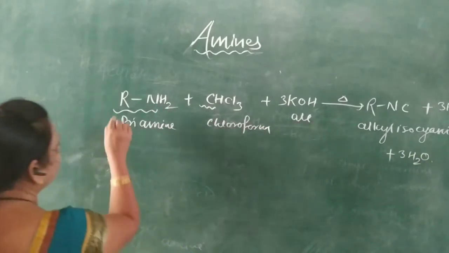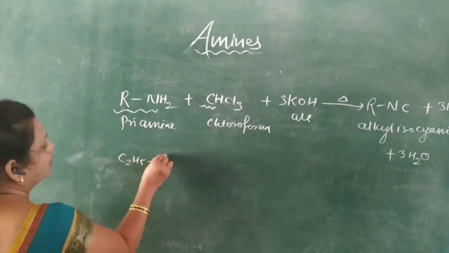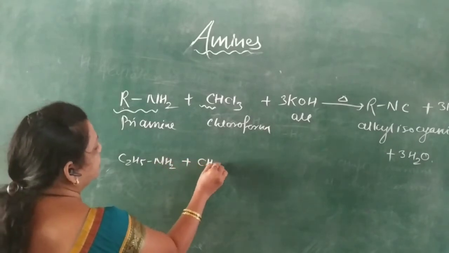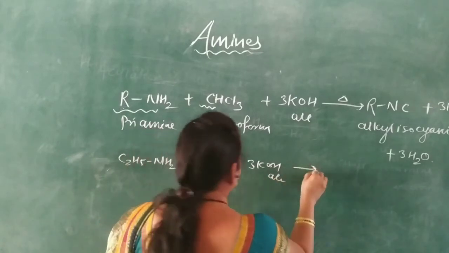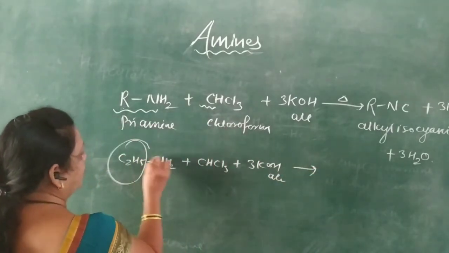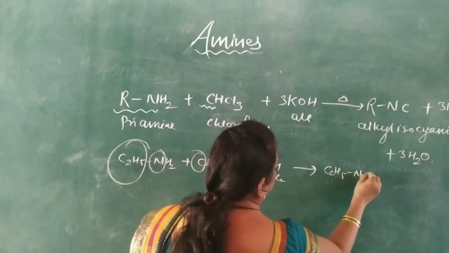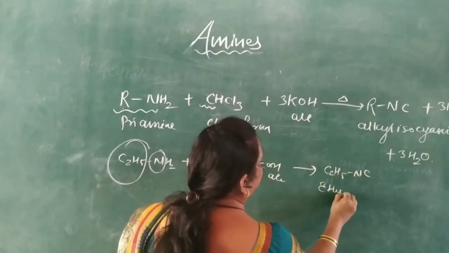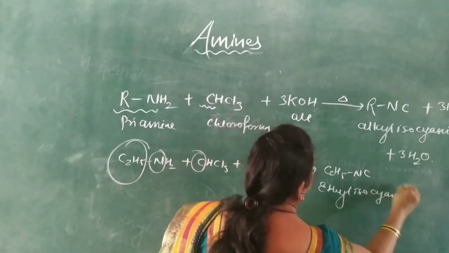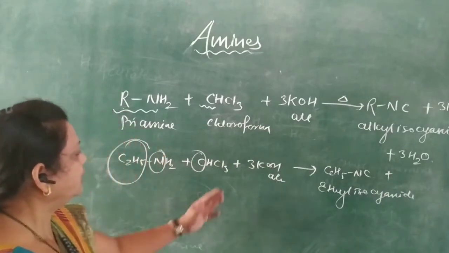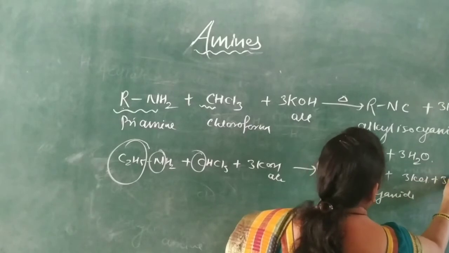For example, the primary amine C2H5NH2 plus CHCl3 plus 3KOH alcoholic gives C2H5NC, called ethyl isocyanide, plus 3KCl and 3H2O.